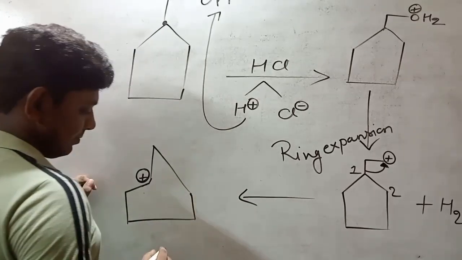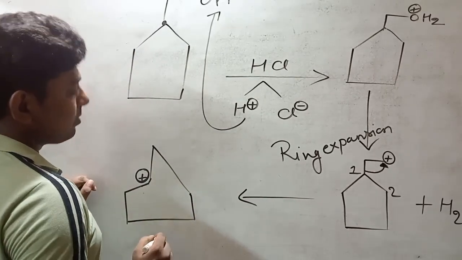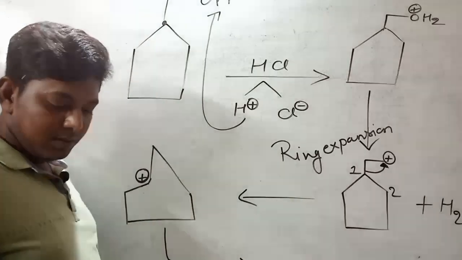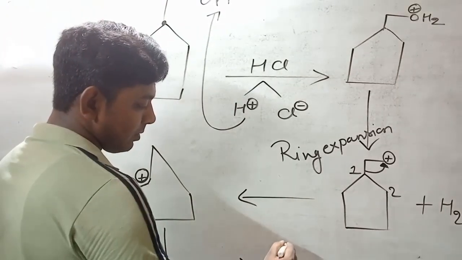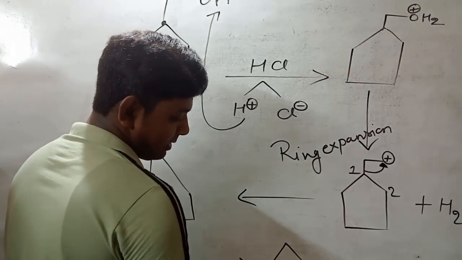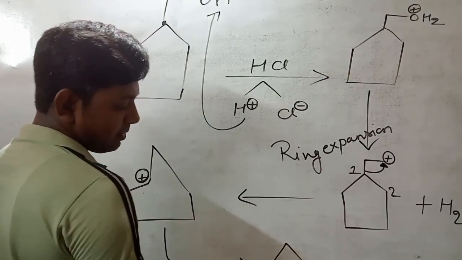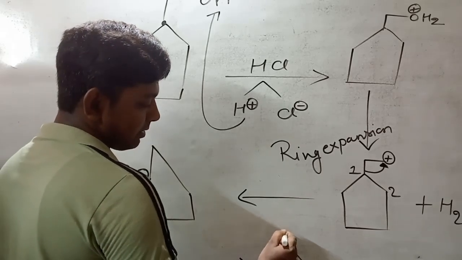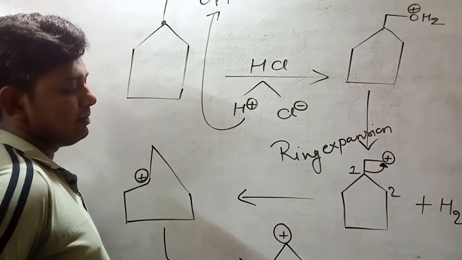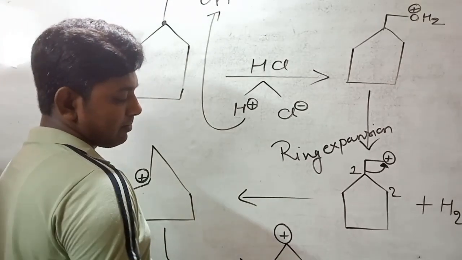Because initially we had 5 ring carbon atoms, they form a 6-membered ring. Here is the ring expansion.